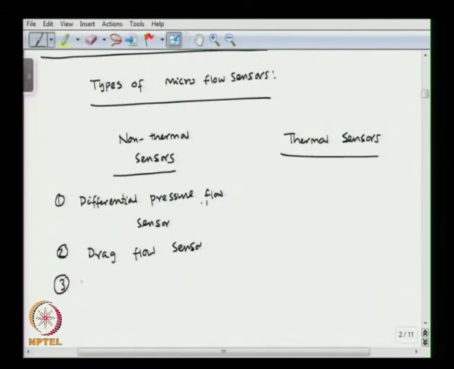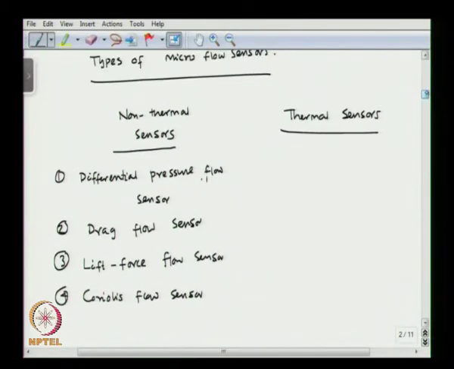The third one is the lift force flow sensor, and the fourth one is the Coriolis flow sensor. So, these are 4 types of non-thermal sensors.